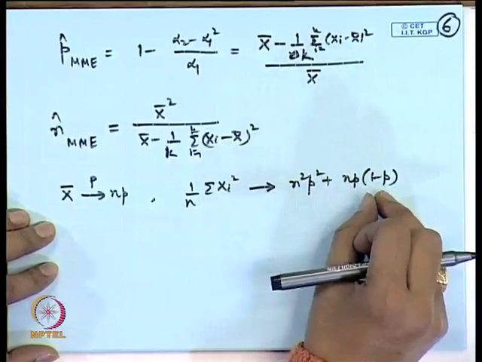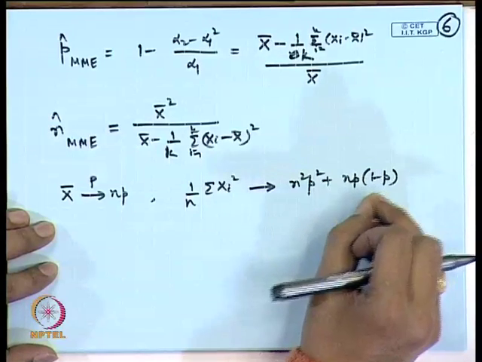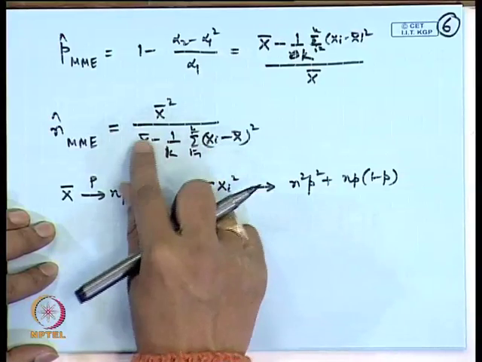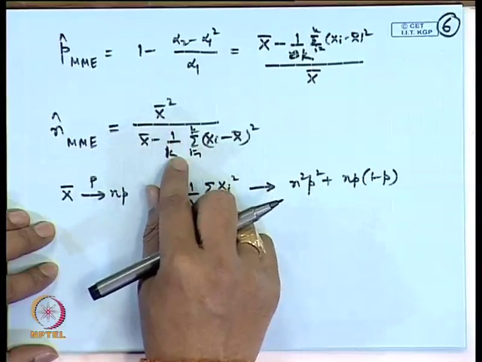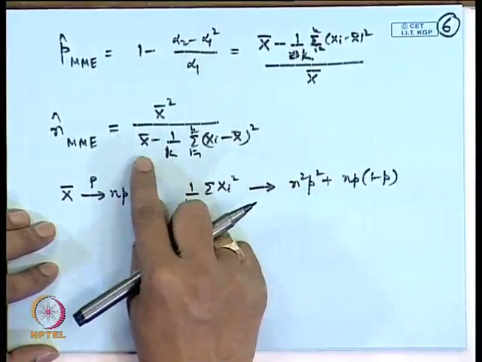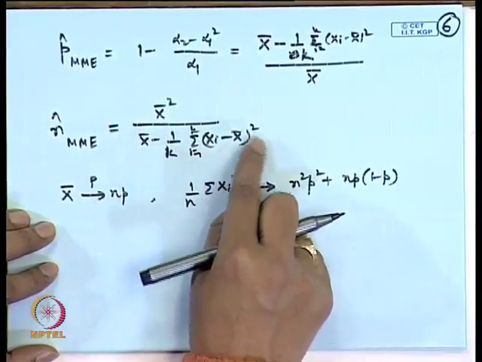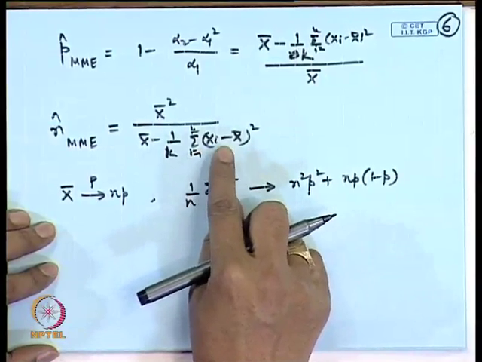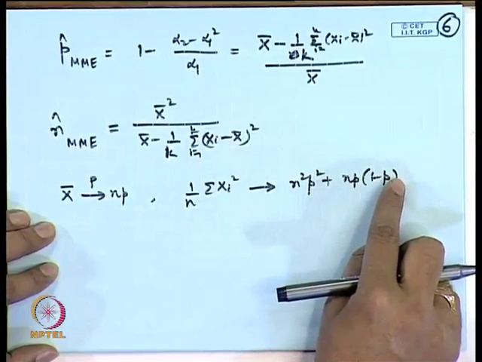So, both of these are convergent in probability. Now, let us look at this quantity. In the denominator you have x bar minus 1 by k sigma, this quantity. If you look at the limit, this is going to np and this is going to the variance term, that is np into 1 minus p.